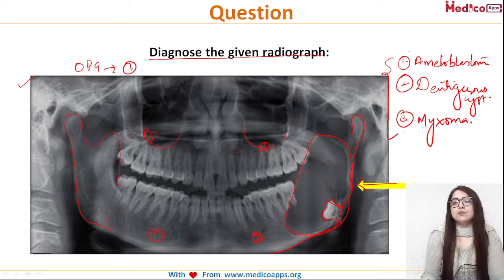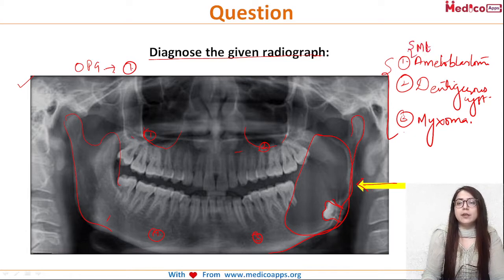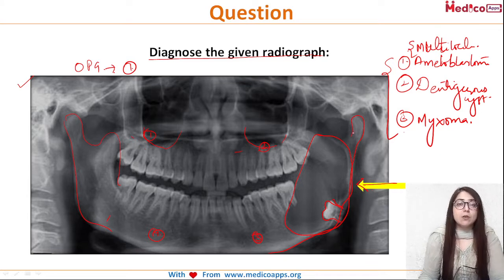Now, ameloblastoma. In ameloblastoma, the classic thing is a multilocular appearance, which is not seen here. Though ameloblastoma can be unicystic too, the classic appearance is the honeycomb pattern or the soap bubble appearance. Now, dentigerous cyst: it could be a dentigerous cyst because it is involving this tooth as well.